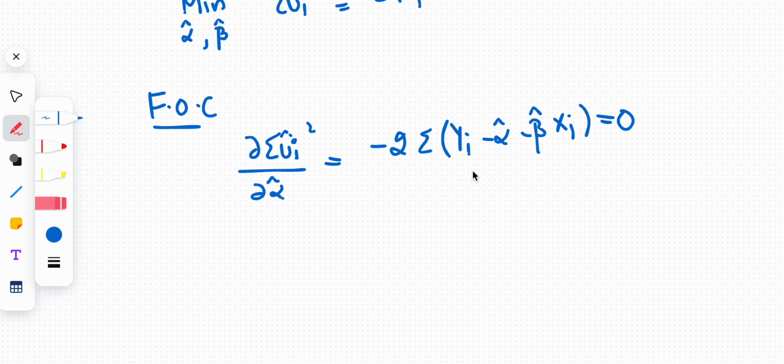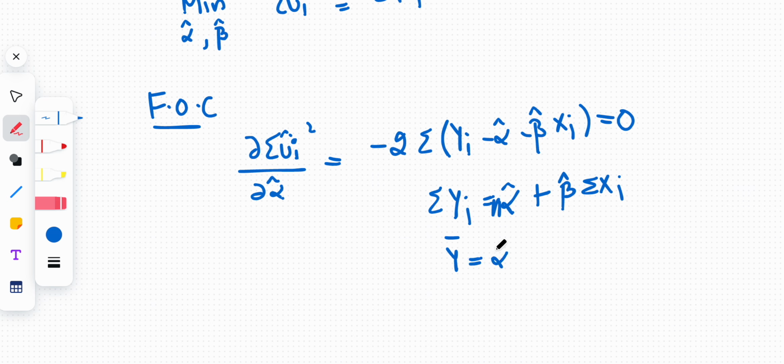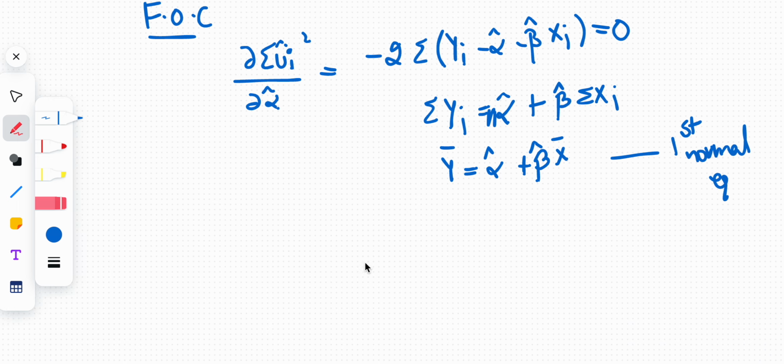That would mean, I think this will be n alpha, yeah. Now if I divide this whole thing by n, this will also become, so this is my first normal equation.